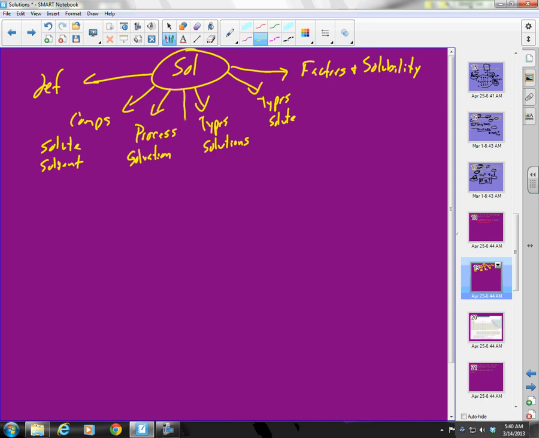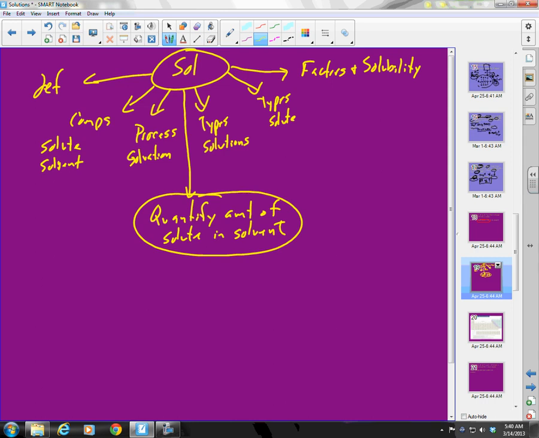And now we want to quantify the amount of solute in the solvent. Okay, we want to quantify that. And to do that, we're going to use a term called concentration.